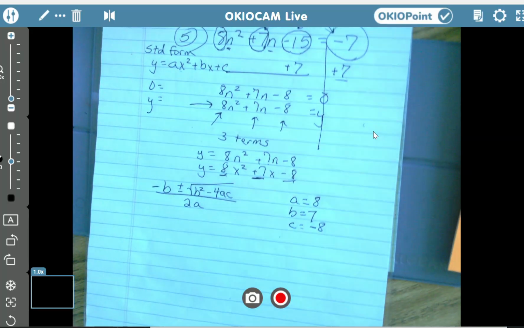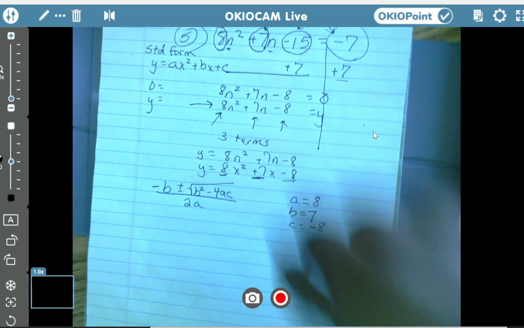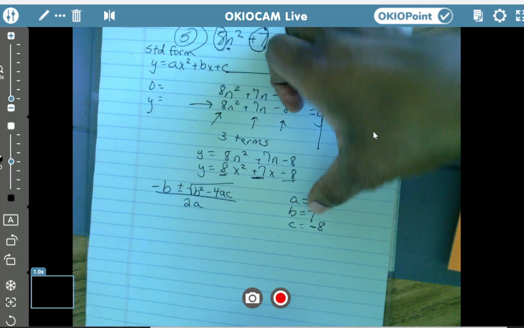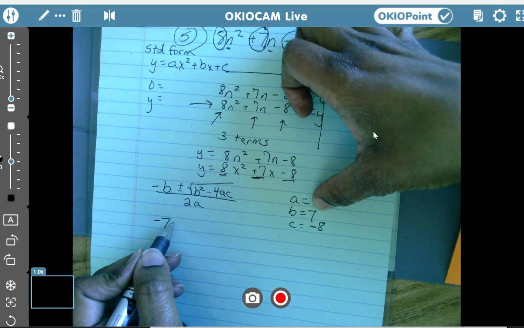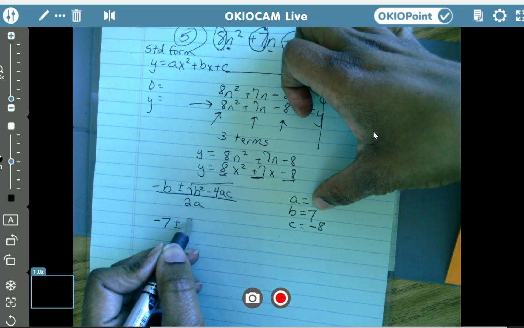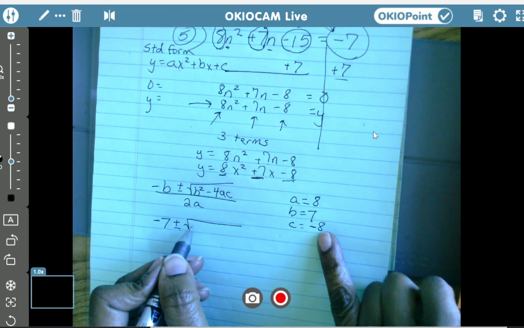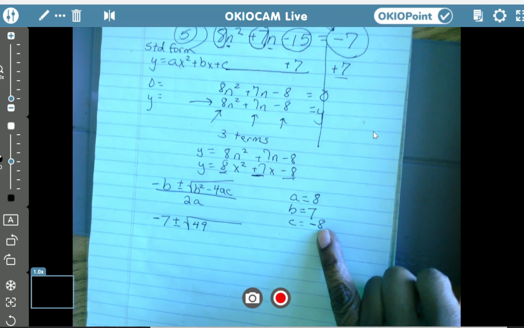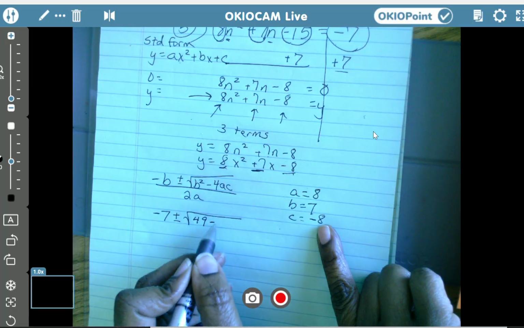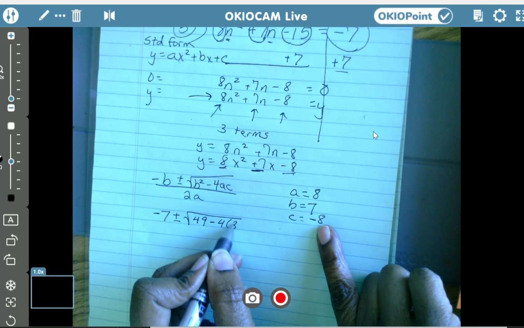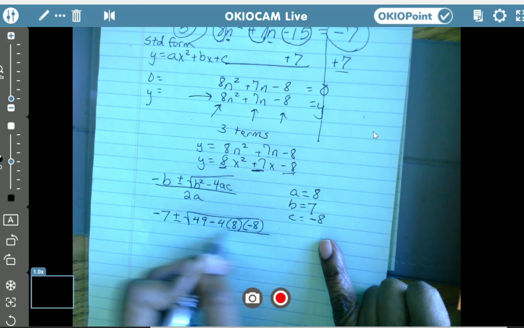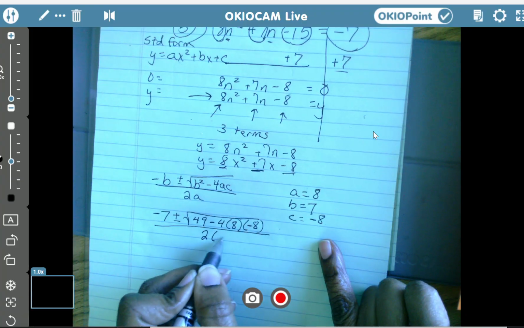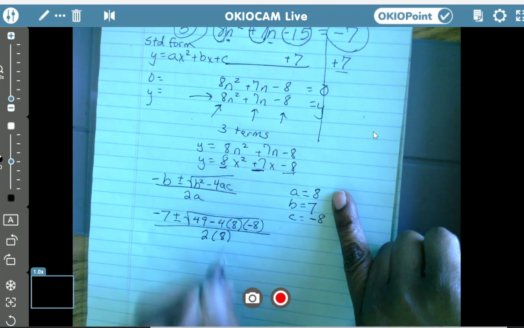Alright, now we're going to substitute this into the quadratic formula. The opposite of b, if b is 7, the opposite of b is negative 7. Plus or minus the square root of b squared, which is 49, minus 4 times a times c, divided by 2 times a, which is 8.